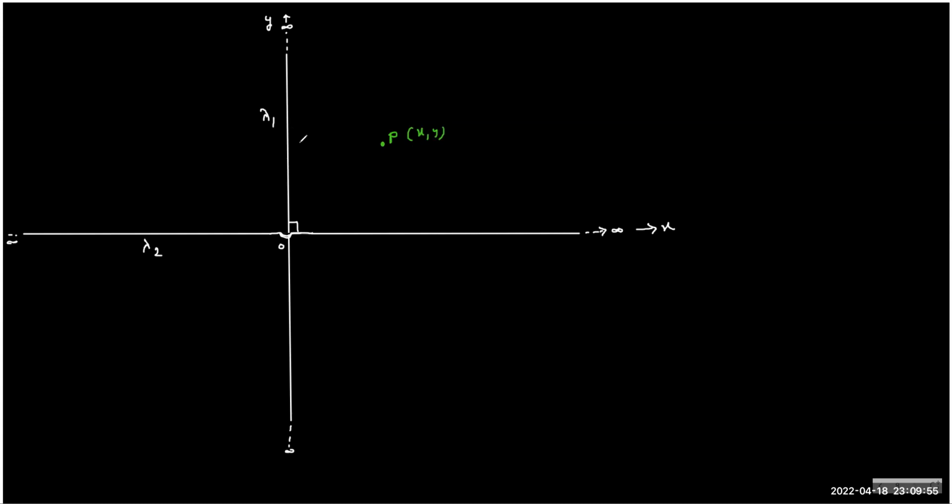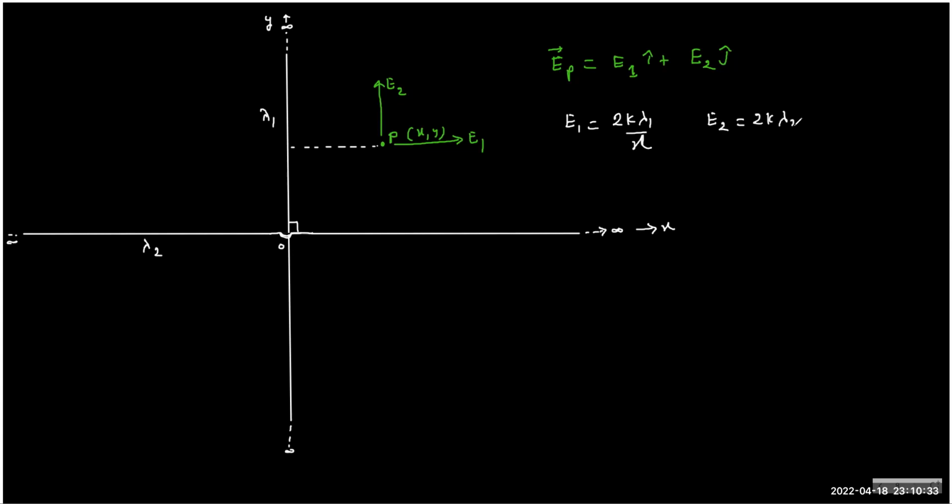So the vertical will create the field, right? And the bottom will create the up. That's it. So the net field at a point P in vector form you can write E1 i cap and E2 j cap, and the value of E1 is simple, 2k lambda 1 by x, and E2 is how much? 2k lambda 2 by y.